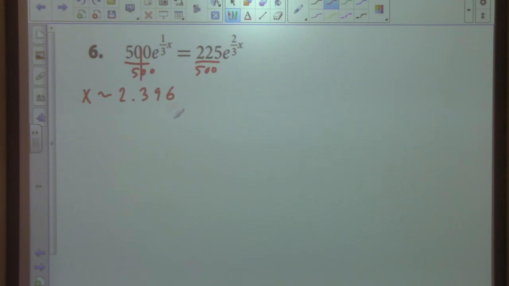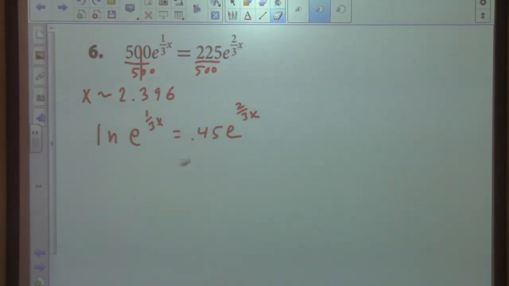So this comes out, right? Yeah, it becomes 0.45. So e to the 1/3 x equals 0.45 e to the 2/3 x. Next, you would put in log. So you put ln on it. Yeah, ln, that's what I meant.